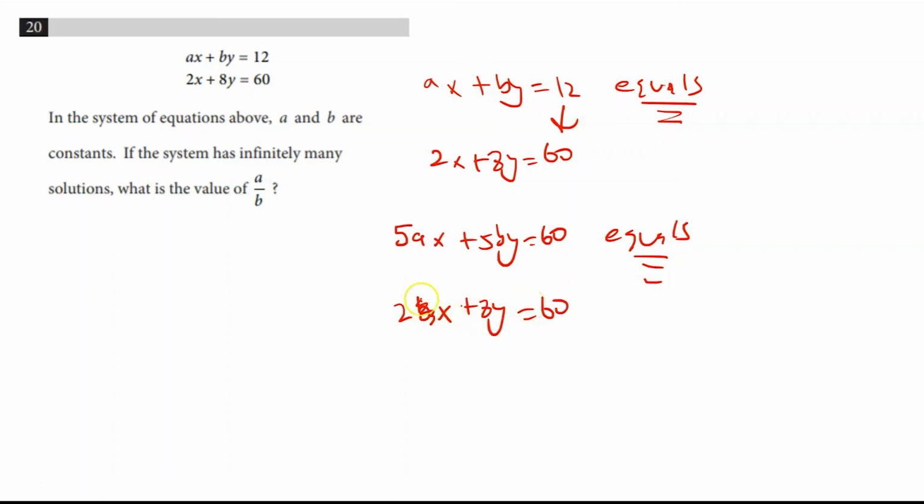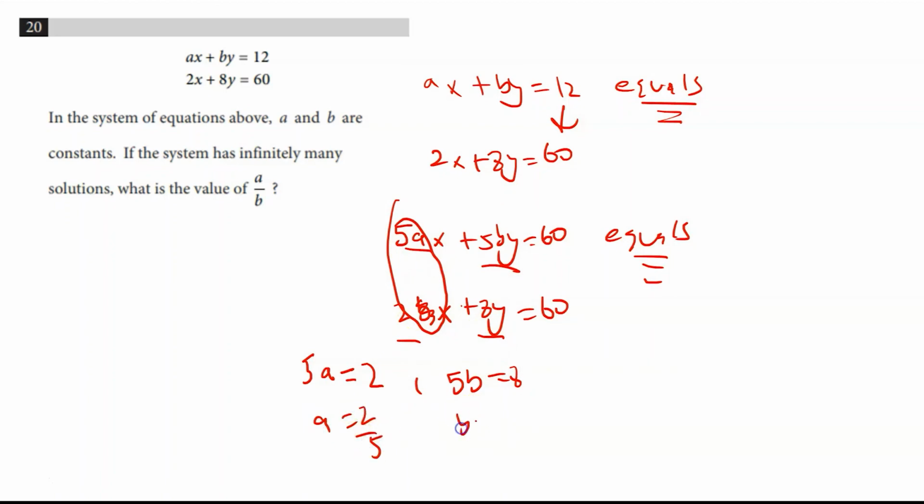And by equating them, we can solve. So we have here that 5a equals 2 and 5b equals 8. Solving for a, a equals 2 over 5, and b equals 8 over 5.